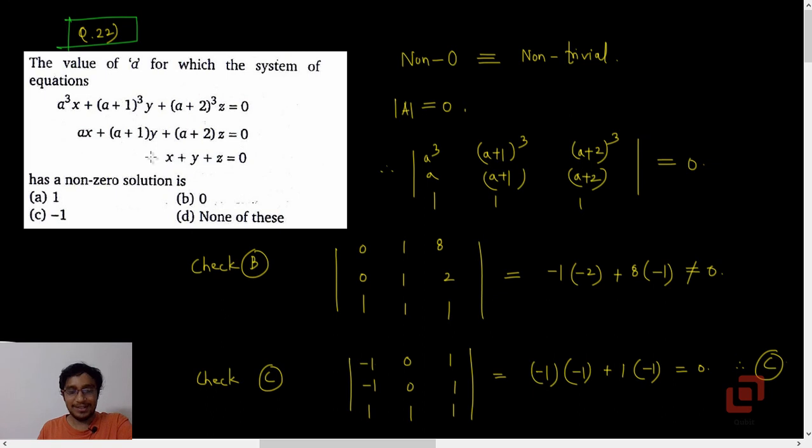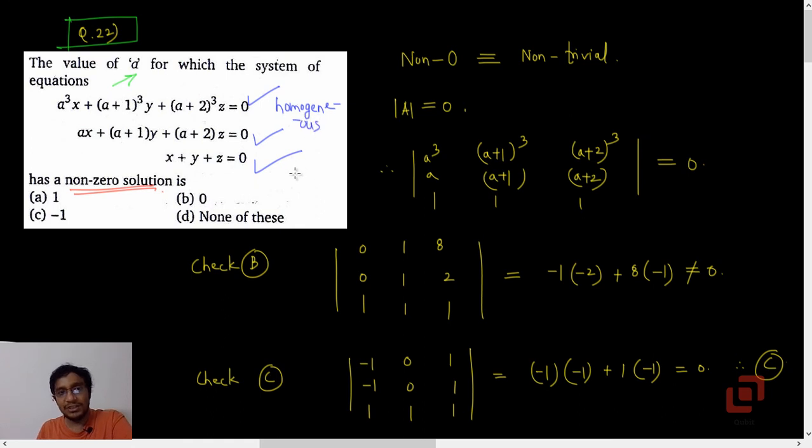Anyways, 22. The value of A for which the system of equations a cubed x plus a plus 1 cubed y plus a plus 2 cubed z equal to 0, ax plus a plus 1 y plus a plus 2 z equal to 0, and x plus y plus z equal to 0 has a non-zero solution. Now, when you have a system of equations which do not have any constant term, or the constant term is 0, such systems of equations are called homogeneous systems.